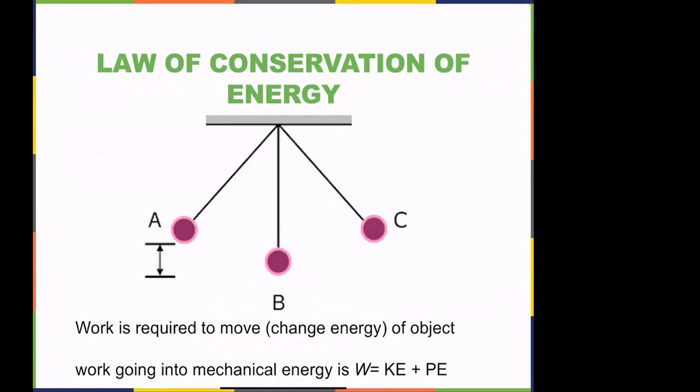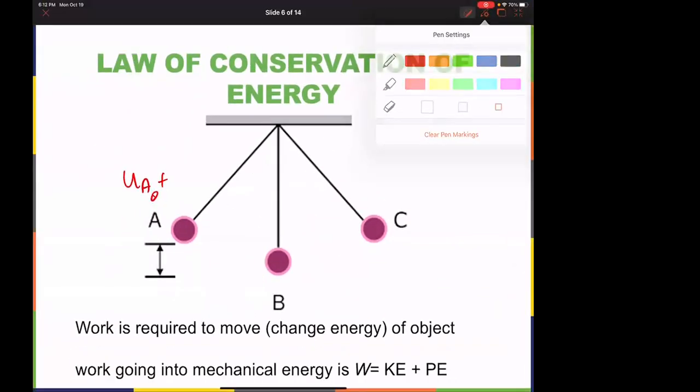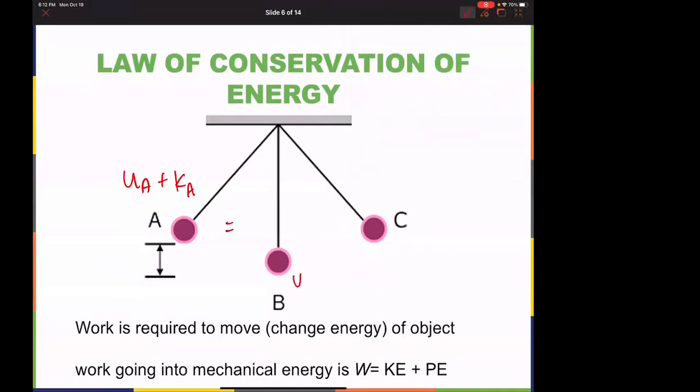Same thing with a pendulum. Later this semester, we'll do a pendulum lab. But here at point A, UA plus KA equals UB plus KB, which equals UC plus KC.